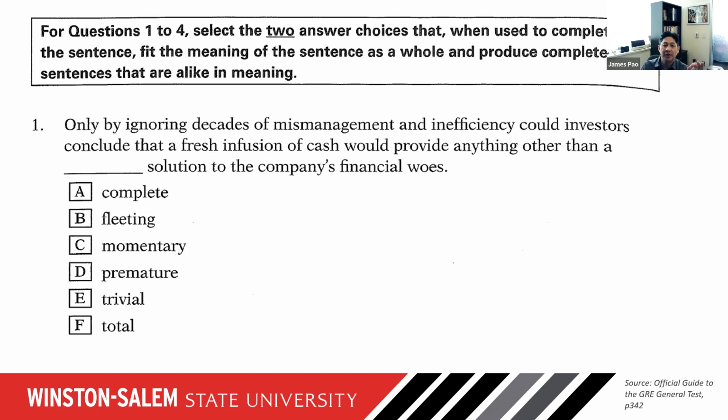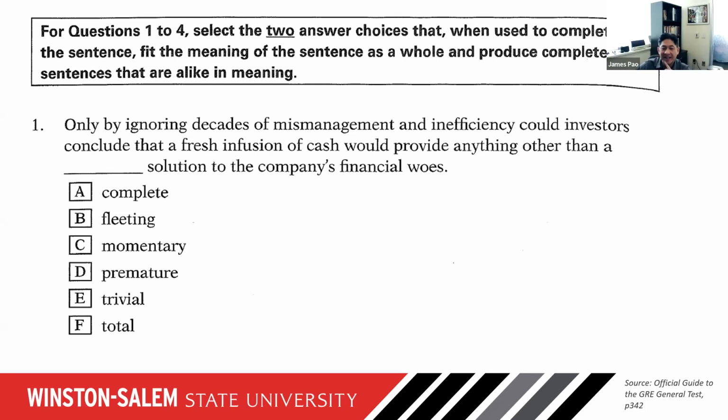Each of them, in fact, must fit the meaning of the sentence as a whole and produce completed sentences that are alike in meaning. Again, keyword alike in meaning. So each of the 2 words you use must fit the meaning of the sentence as a whole and both mean the same thing in the context of the sentence. Is that clear, Xavier? Yeah.